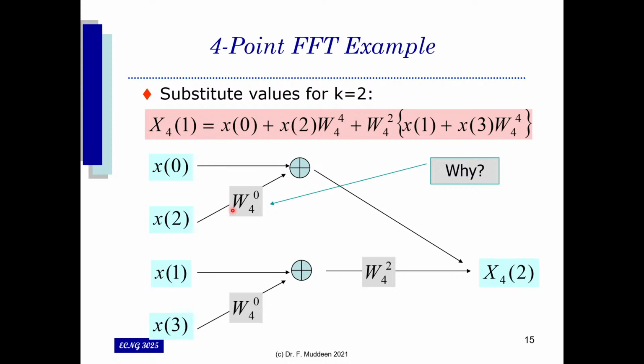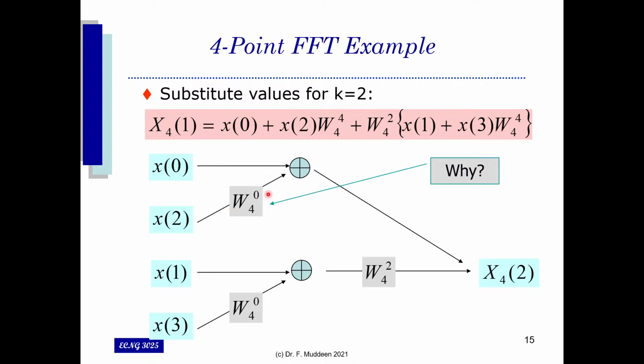Remember the twiddle factors that exist from W4 of 0 to W4 of 3, and then it repeats afterwards because it's cyclic and it has a period of 2 pi. So once you hit W4 of 4, you've made the full revolution, which is 2 pi, so you're back at W4 of 0. That's the periodicity property of the twiddle factors.